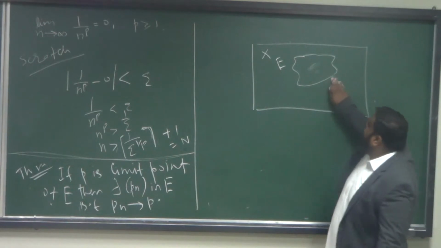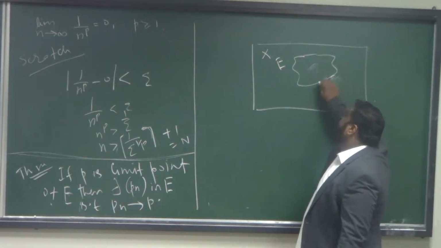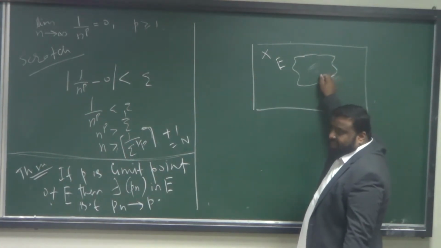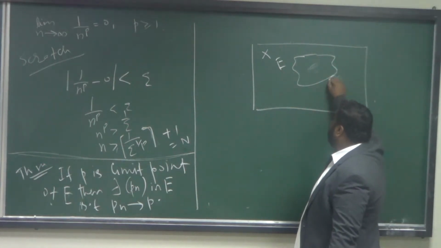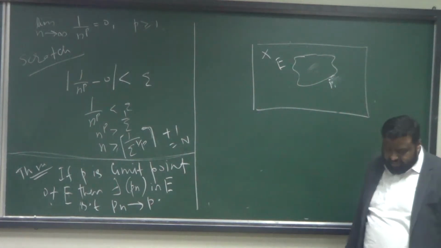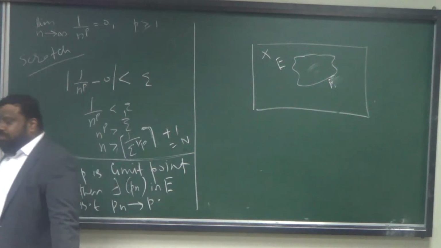Because this set E could be closed, in that case P is going to be inside. So we don't want P to be inside E. Imagine that it's somewhere really close to it. That's P. So what should you do?